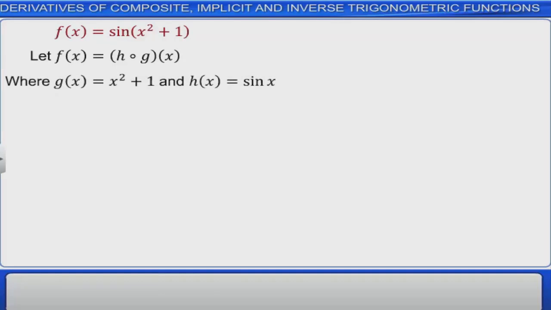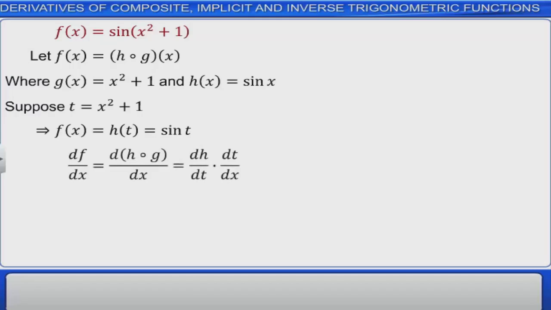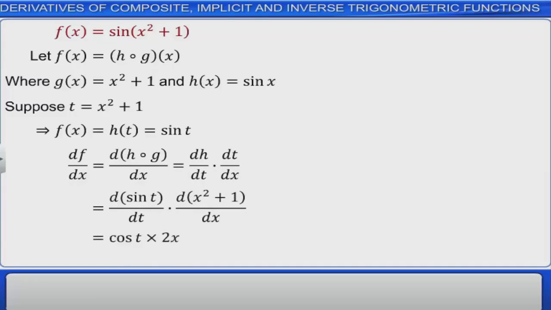This implies that f of x is equal to h of t, which is equal to sine t. So, the derivative of f of x with respect to x is equal to dh by dt into dt by dx. On differentiating, we get 2x into cos t. On substituting the value of t, we get the derivative of f of x is equal to 2x into cos of x squared plus 1.